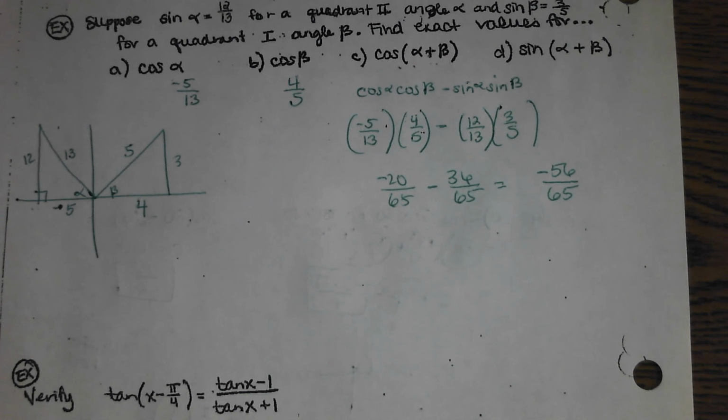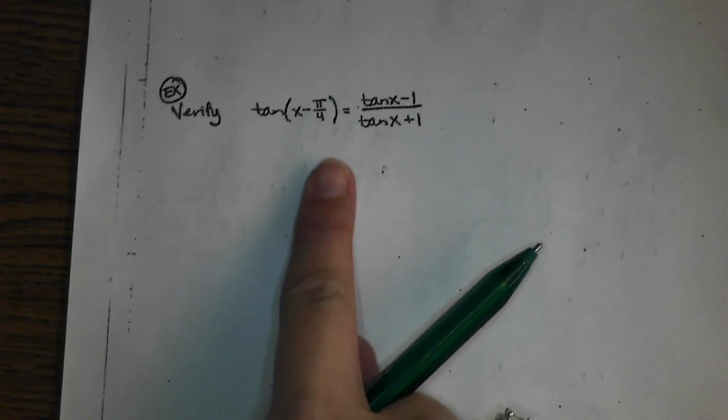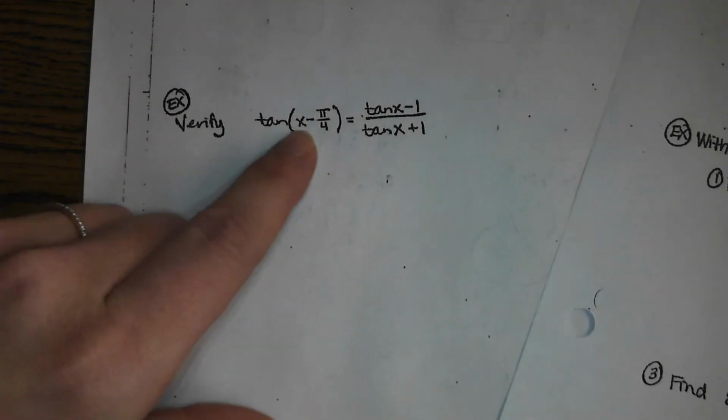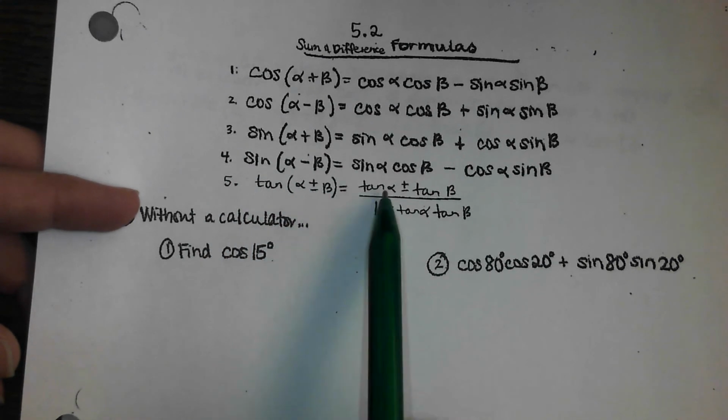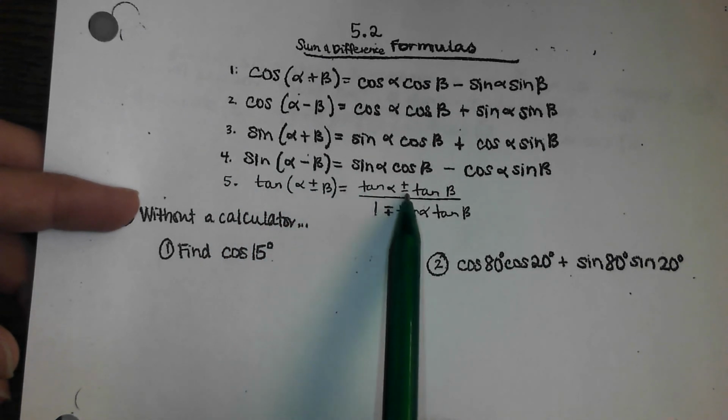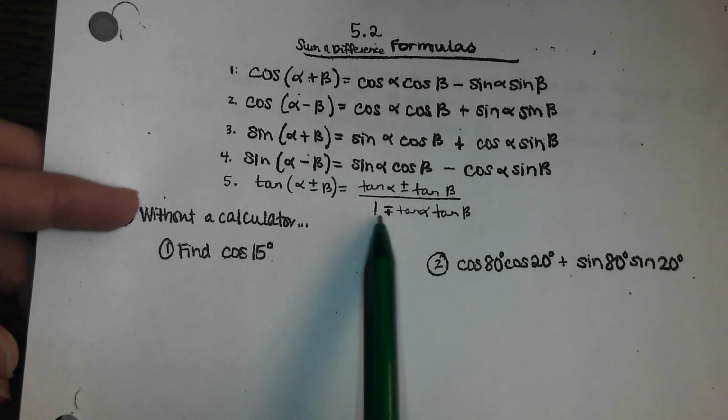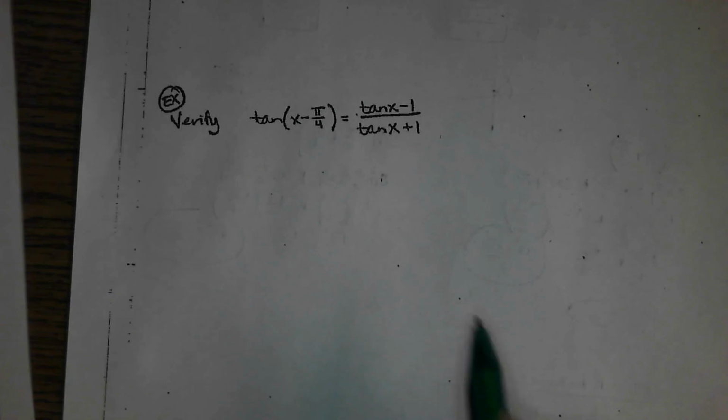And then the last one, which we can just start down below, a tangent one, just because we haven't done tangent yet. This is a subtraction. So I'm going to take my subtraction formula, the tangent of alpha minus beta: the tan of alpha minus the tan of beta, and 1 plus on the bottom.